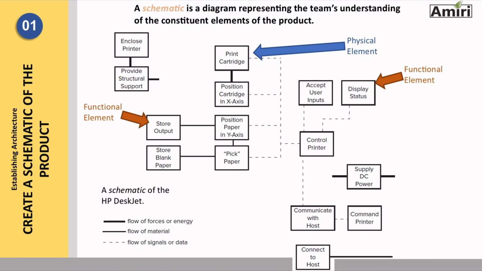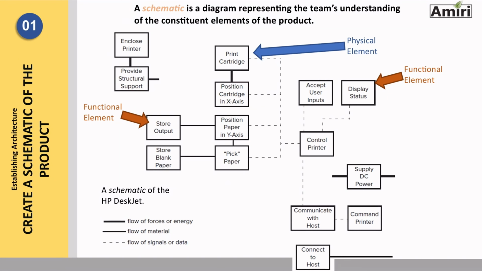Some of the elements correspond to critical components, such as the print cartridge the team expects to use. On the other hand, some of the elements remain described only functionally at this stage. So this is a mixture of physical concepts and functional concepts.